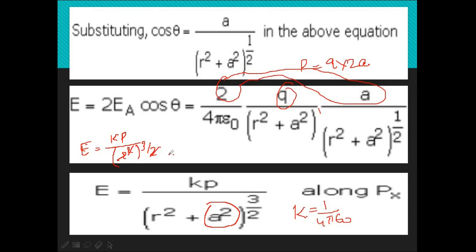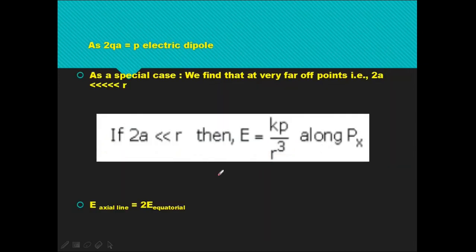Now our final result is the electric field at point P equal to KP over R cube, means the electric field on the equatorial line is inversely proportional to 1 upon R cube. Now here this is the final expression.